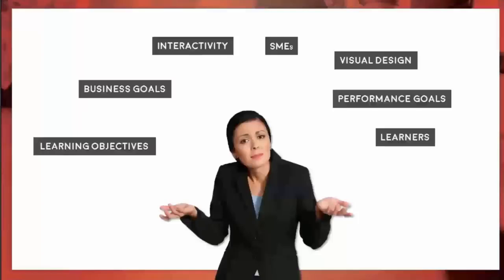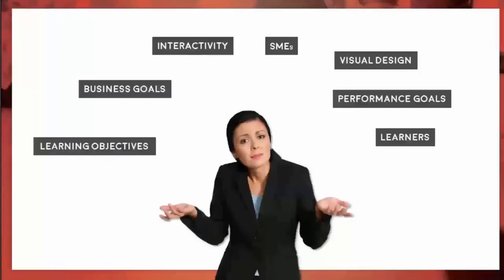Whether it's your learning objectives, making sure you cover those and get those integrated. There are business goals that you want to try and accomplish through your learning objectives. You want to make sure you meet those. Obviously, you need to plan for some sort of interactivity. You need to get that built into your storyboard, and not only do you need to include it in your course, but you also have to find a way to easily communicate what that interactivity looks like in a written format on a storyboard, and that's not always easy.